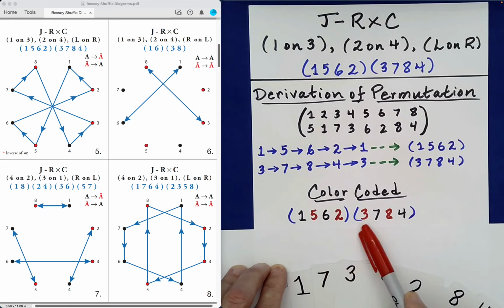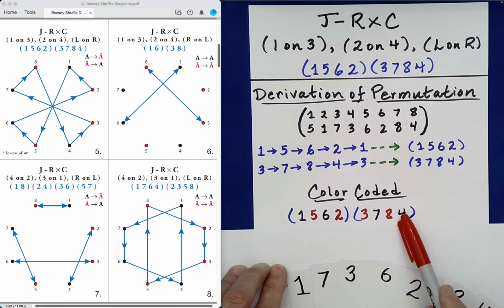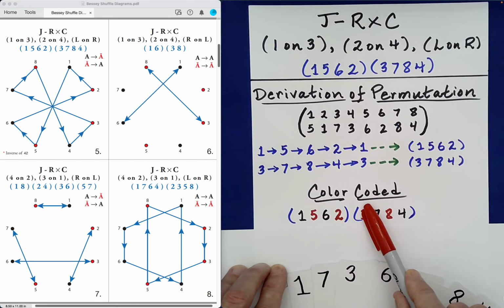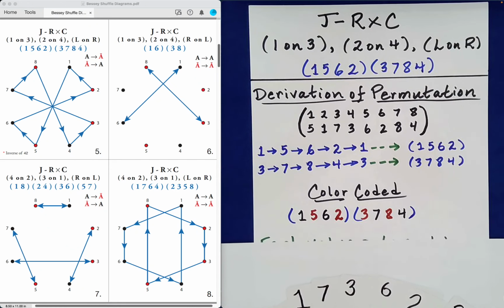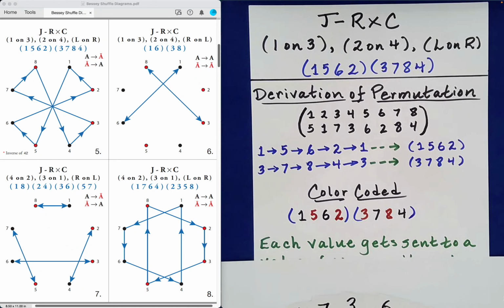Red 3 goes to black 7, which goes to red 8, which goes to black 4, which wraps around to red 3. So what's happening here is each black value is being assigned to a red value and vice versa.